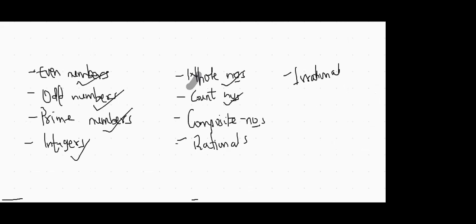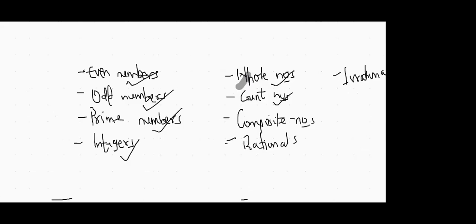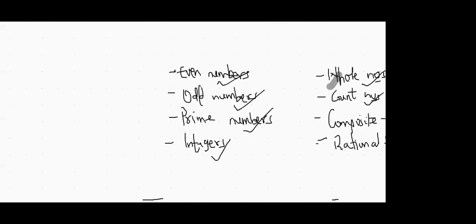There are so many forms of numbers, even including sets. However, for the purpose of our exam, we are going to limit ourselves to these 9 forms or sets of numbers.